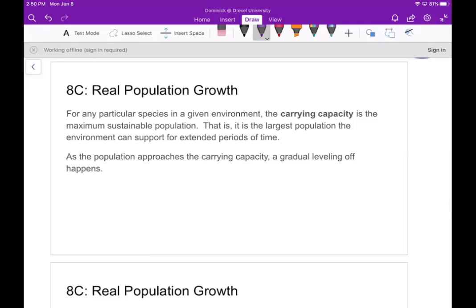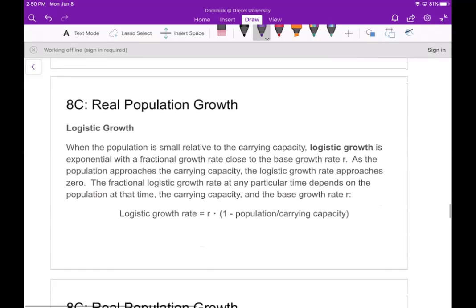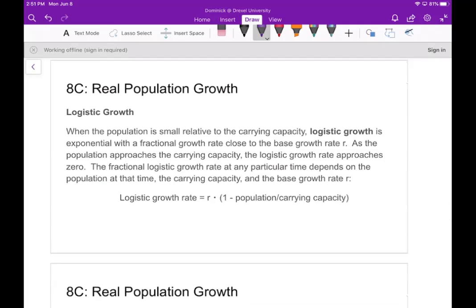Now, as the population approaches the carrying capacity, you get a gradual leveling off, and this introduces the idea of logistic growth. When the population is small relative to the carrying capacity, logistic growth is exponential with a fractional growth rate close to the base growth rate, R. As the population approaches the carrying capacity, the logistic growth rate approaches 0.